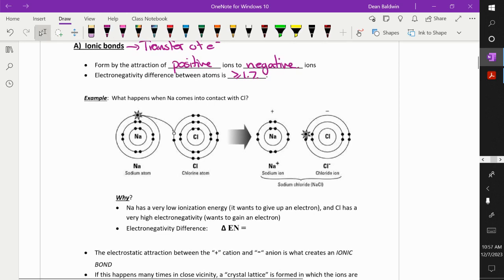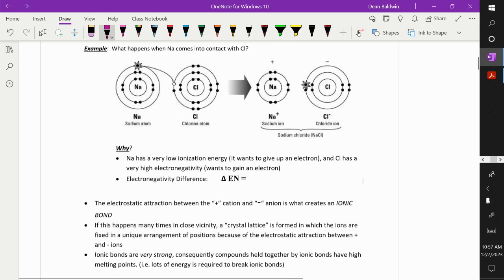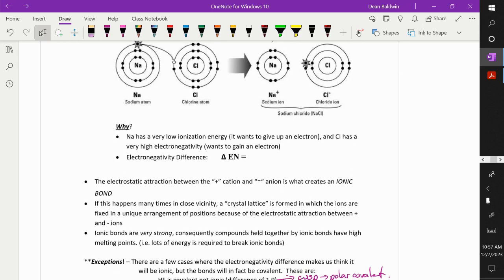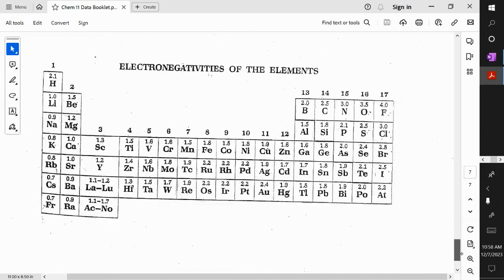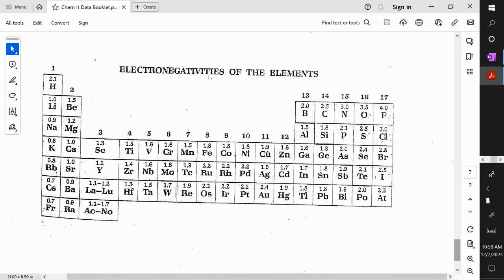So if we're looking at sodium chloride, you're going to measure the electronegativity difference. Sorry, sodium has the electronegativity of 0.9. Chlorine has the electronegativity of 3. In your data package, is it the last page? Here it is. Yeah, sorry.